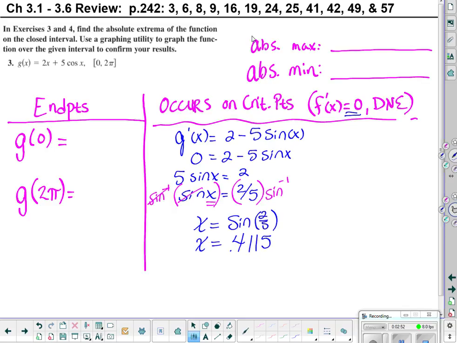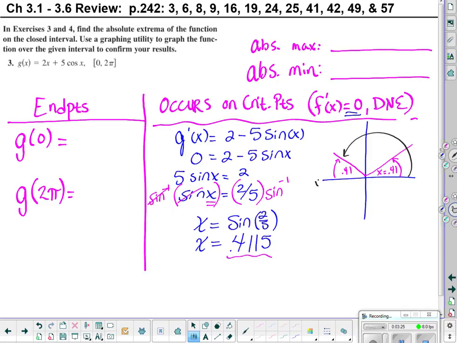Now, because of the way trig functions work, just think of our unit circle. There are two locations where this could occur. It's an angle measure of 0.41, which gives a positive sine value. But I also need to evaluate this coming from the counterclockwise position.